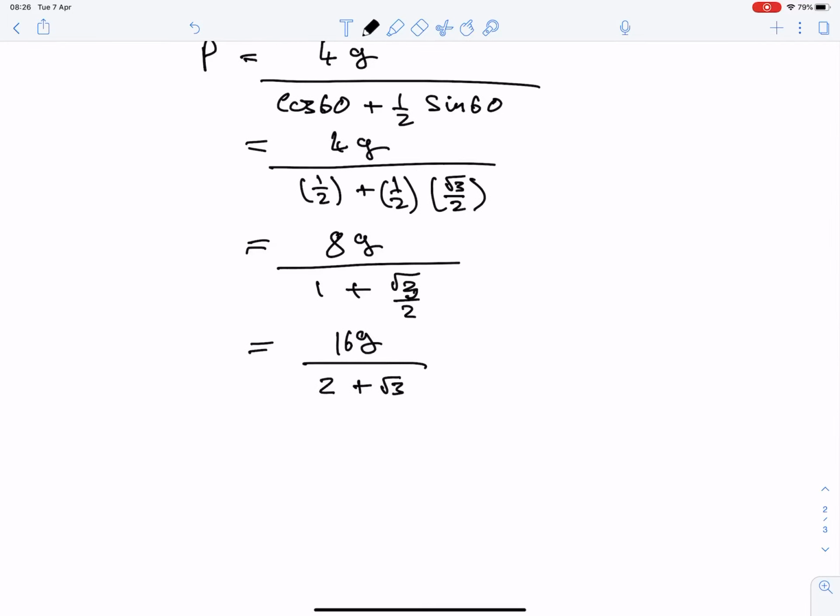And if we wanted we could tap that in the calculator, but if we were just practicing a little bit of our pure maths and we want to rationalise the denominator, we're going to multiply this by 2 minus root 3 over 2 minus root 3.